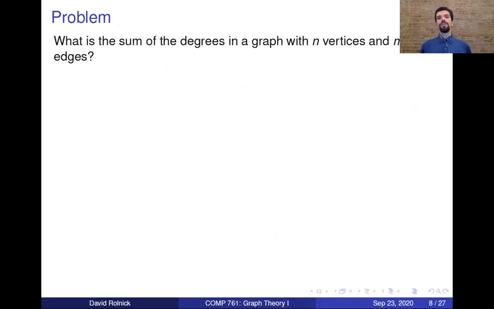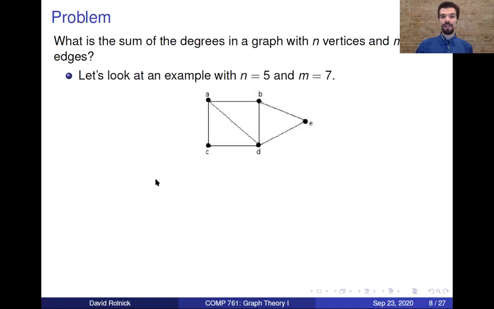Problem. What is the sum of the degrees in a graph with n vertices and m edges? All the degrees of all the vertices. Seeing some consensus here. Let's take a look at an example.